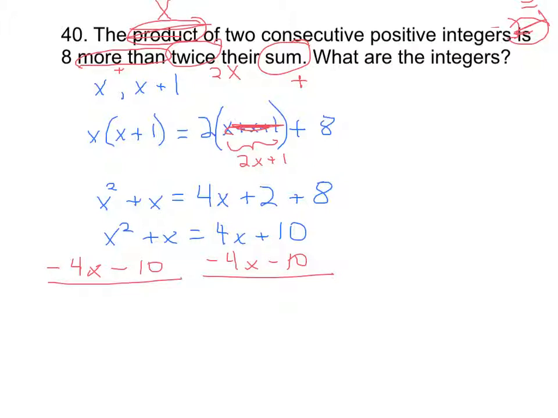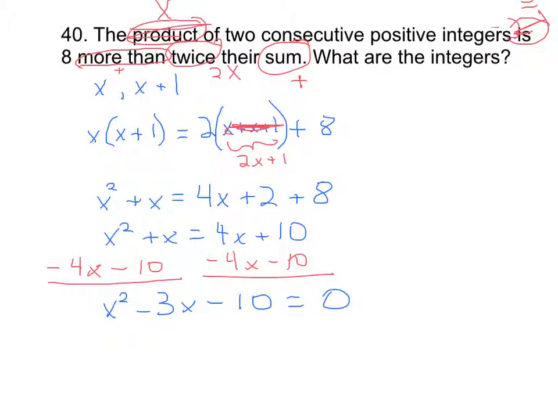And we get x squared minus 3x minus 10 on the left equal to 0 on the right. So we know how to do this. We can factor this quadratic and find a solution.